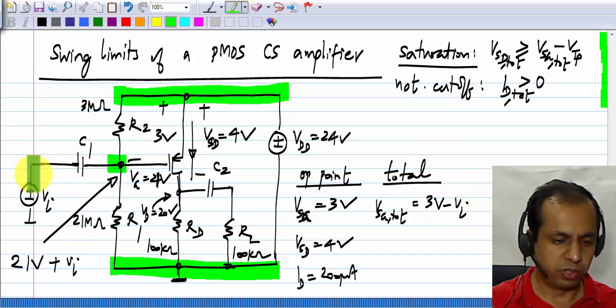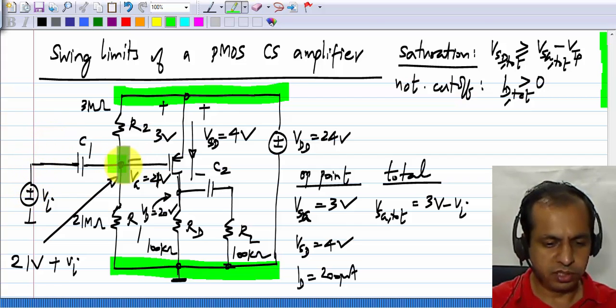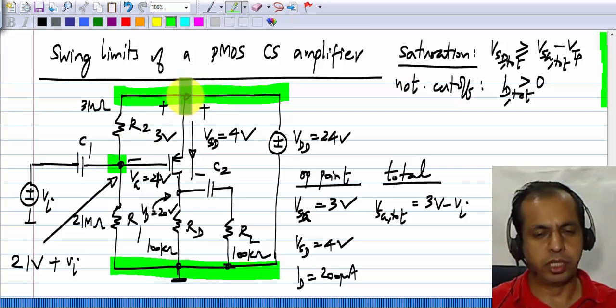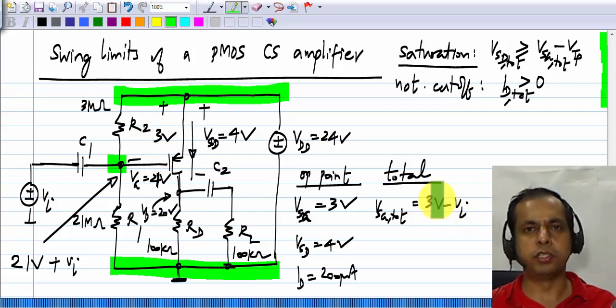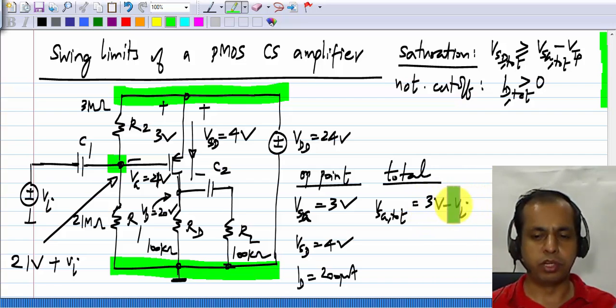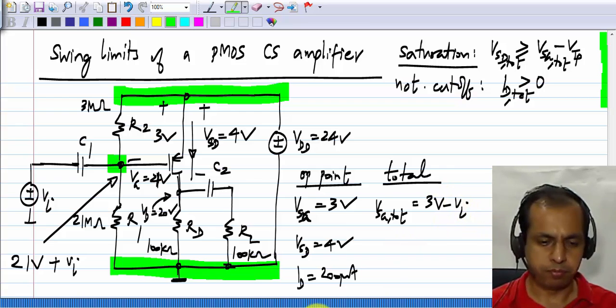Another way to think about it is that if Vi has a positive value, then the gate voltage increases and the source voltage remains the same. So the source gate voltage actually reduces because the gate is going up. So already you see the crucial difference here. In case of an NMOS common source amplifier, this would have been 3 volts plus Vi, or the quiescent VGS plus Vi. Now we have a minus.